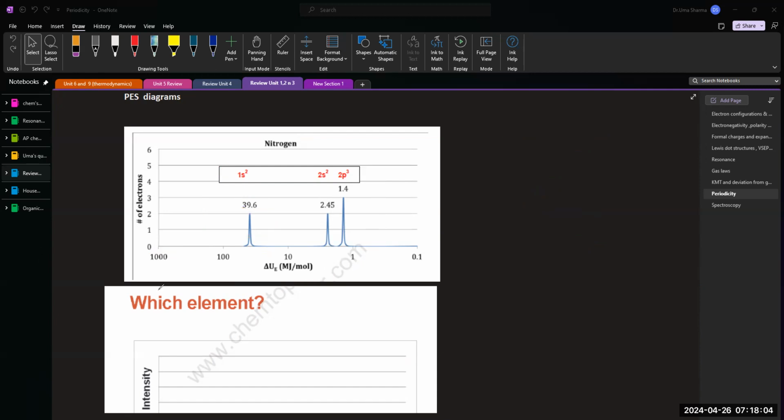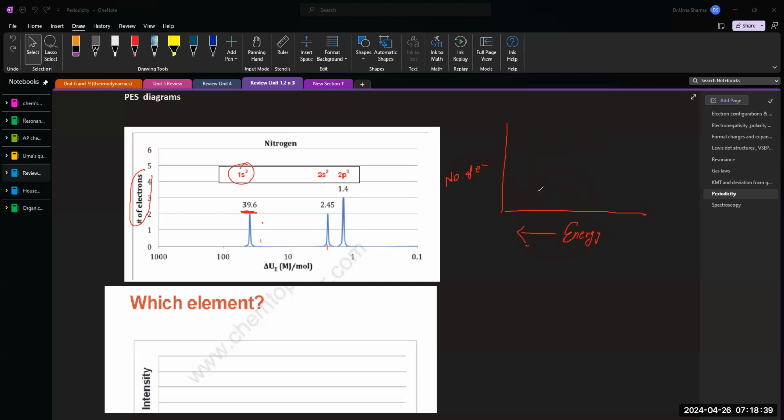And here is the number of electrons, so 1, 2, the height of the peak. That's why it is 1s2. This is 2s2. This is 2p3. I'm making a picture here. Answer this question. Here is the number of electrons, here is the energy, and the graph is going like this.